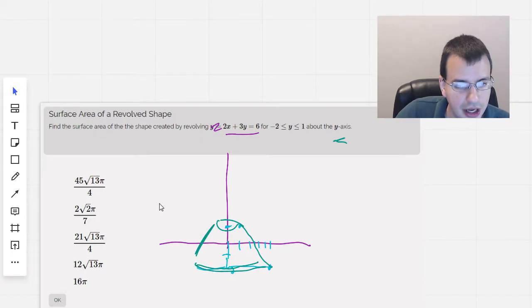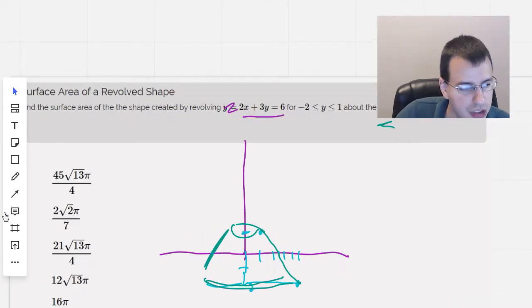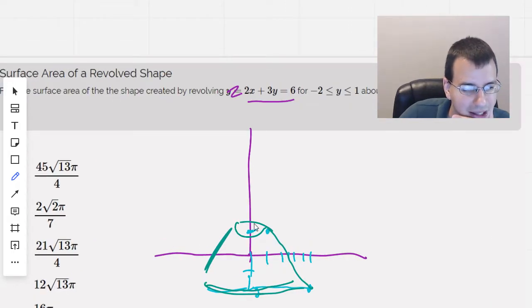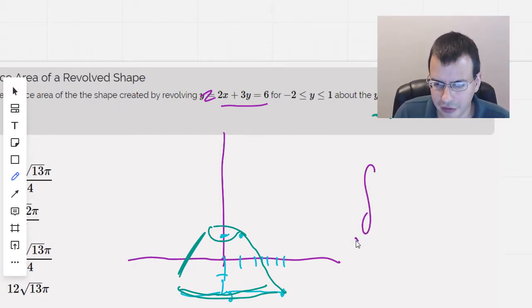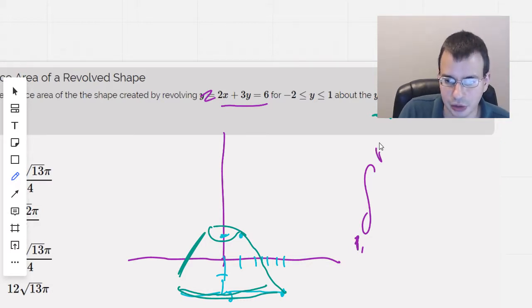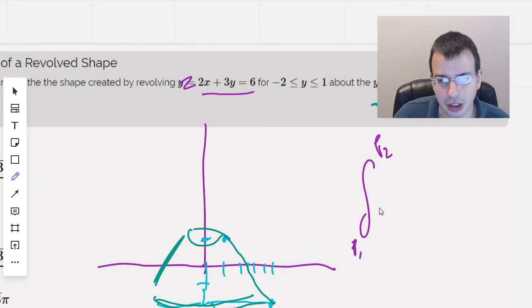Okay, so here's our equation. And we are going to start by writing the equation for the surface area of a revolved shape. So we'll start with point 1, which is going to be negative 2, and we're going to go to point 2, which will be 1.